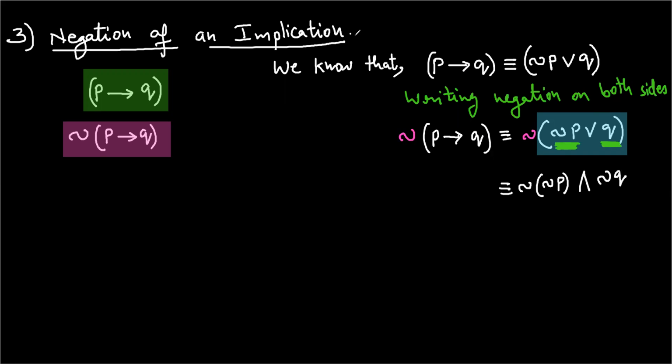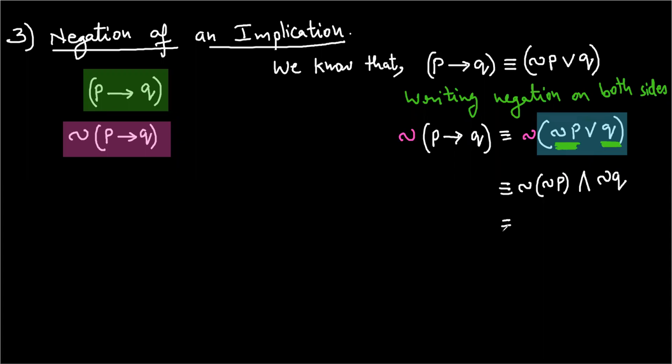What did I do? Very simple. I just distributed this negation: negation for the first one, negation for the second one, and this became a conjunction. I hope you all have followed this.